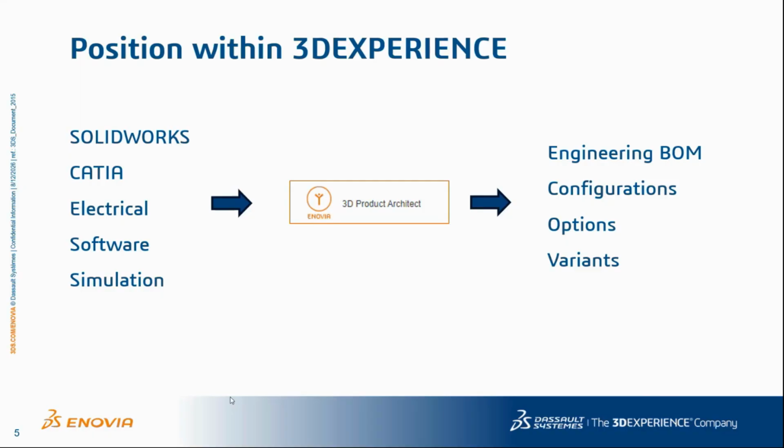Using this 3D product architect, you can create and generate engineering bill of materials. You can configure configurations. You can configure options. You can create multiple variants of the same product. So the product architect acts as a bridge between the engineering design and the manufacturing planning.